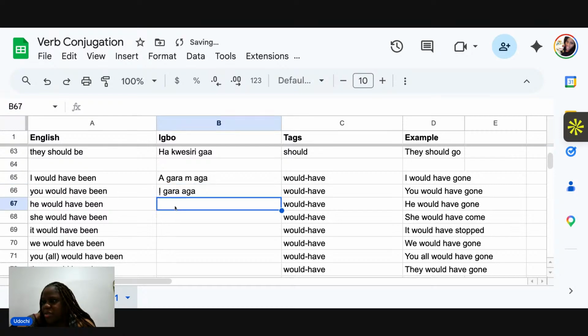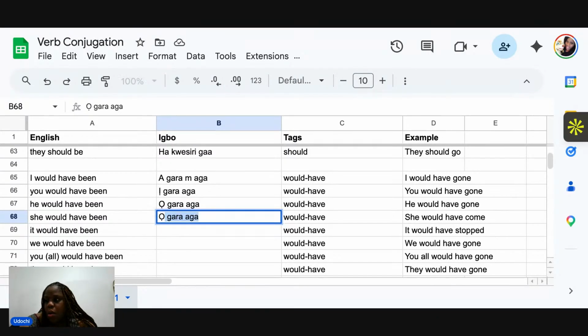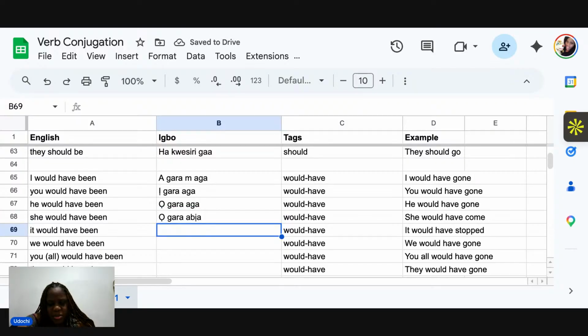He would have gone is o gara aga. She would have come is o gara ogarabia. It would have stopped is o gara kusi.